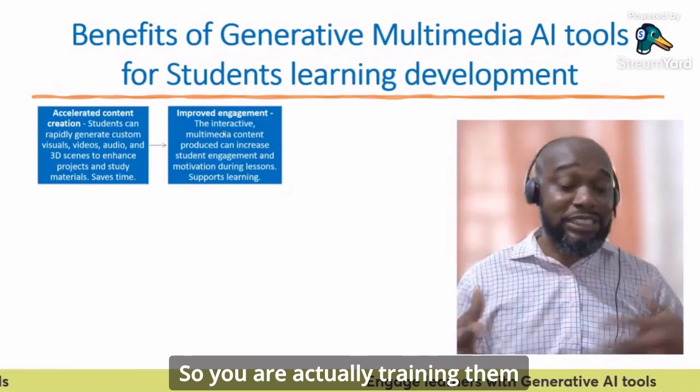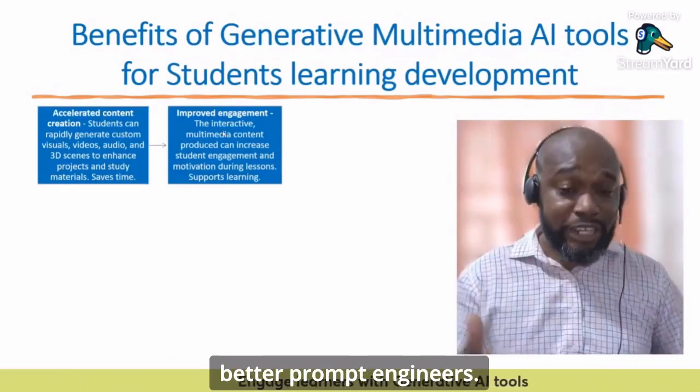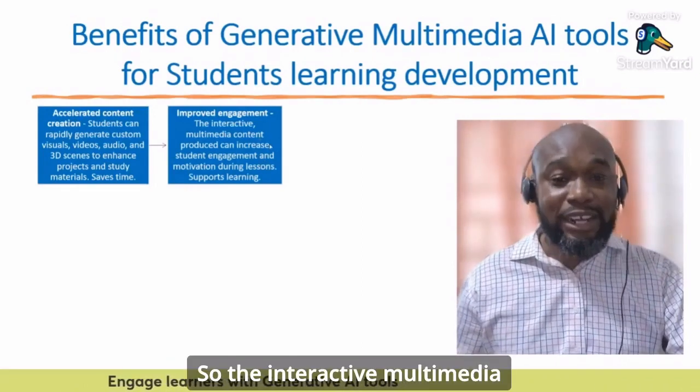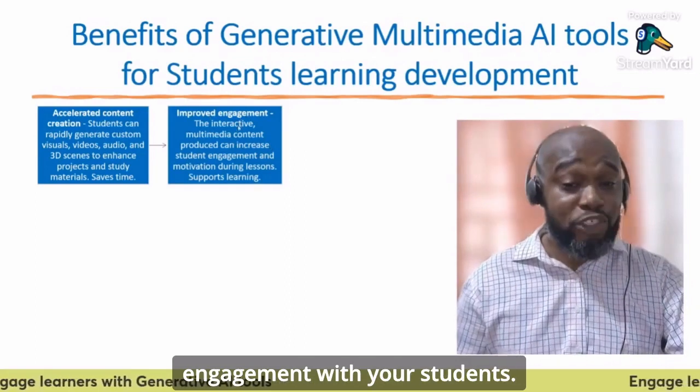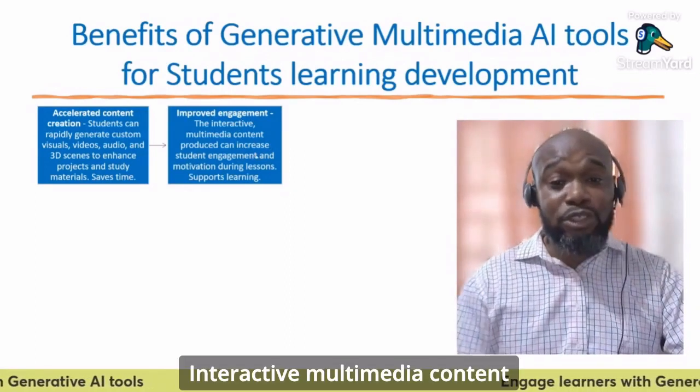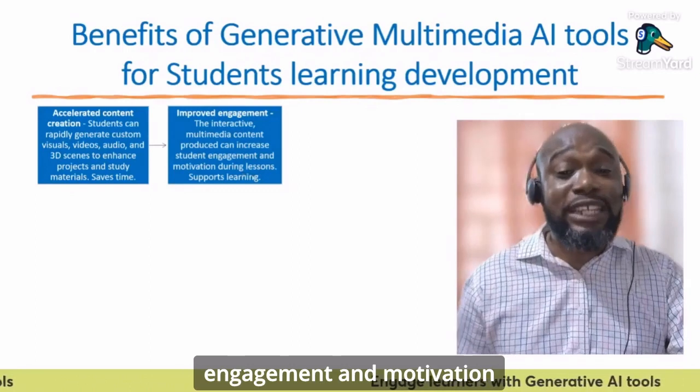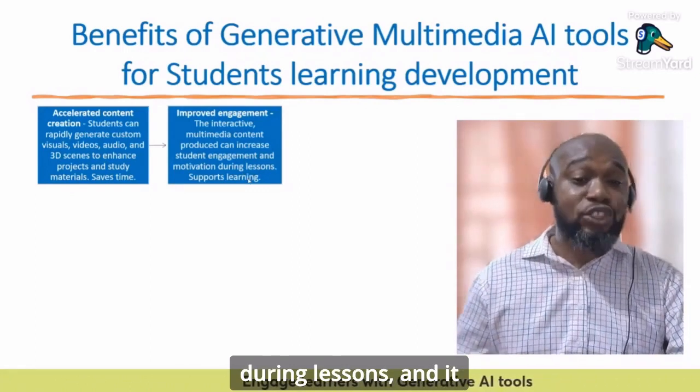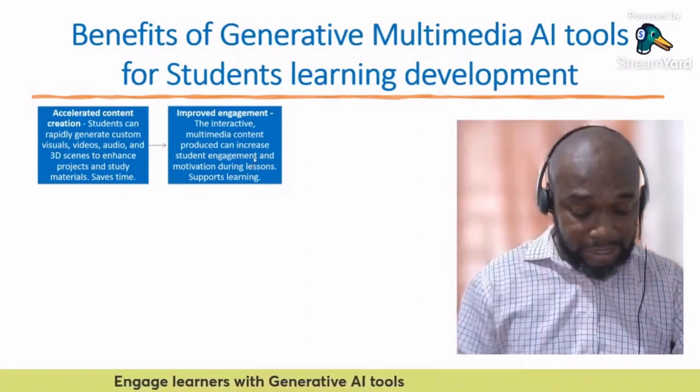So you're actually training them to become better prompt engineers. So the interactive multimedia content is for improved engagement with your students. Interactive multimedia content can increase student engagement and motivation during lessons, and it also supports their learning.